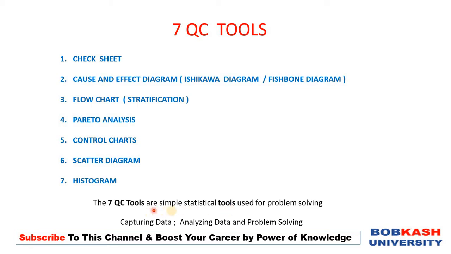They are used for, first of all, capturing the data, then for analyzing the data, and then based on this analyzing, we finally solve the problem. So this is the basic purpose of 7 QC tools, to solve a problem available in front of us in our workplace.